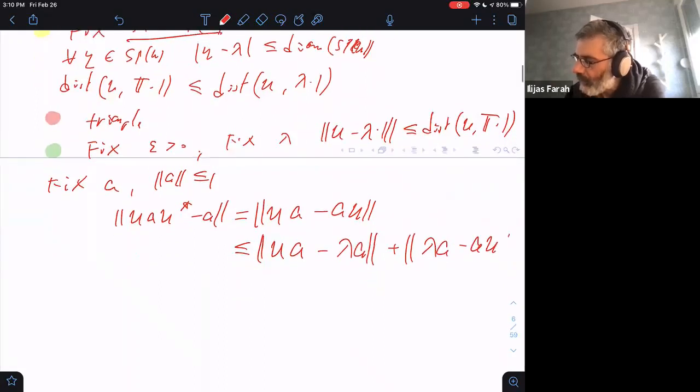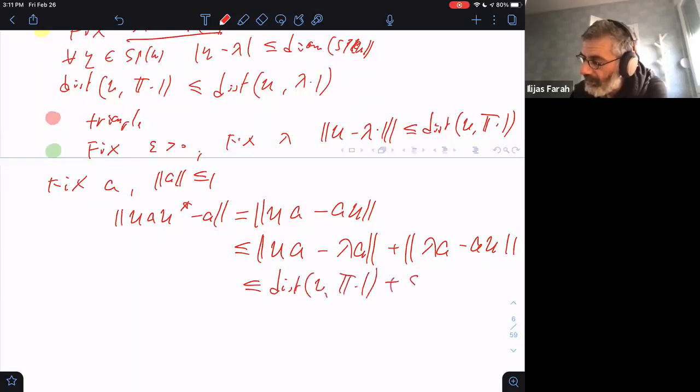Here, the point, of course, is that lambda commutes with A, and the right-hand side is at most the distance from U to T dot 1 plus 2 epsilon, but epsilon was arbitrary, and there we go.